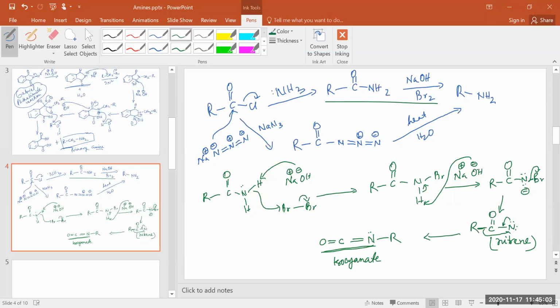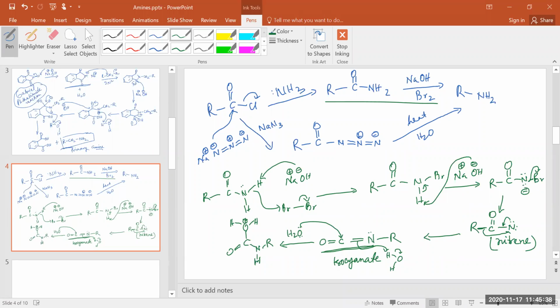So this is very reactive. It reacts with water. So what will happen? Water will attack here, and this bond will take a proton from another water molecule. So what will it form? It will form a protonated carbamic acid, ROH plus, CONHR.